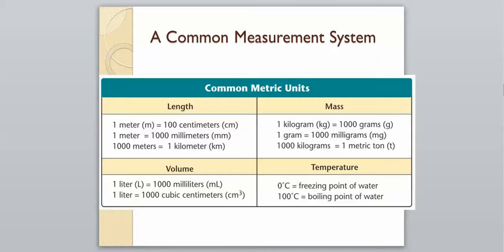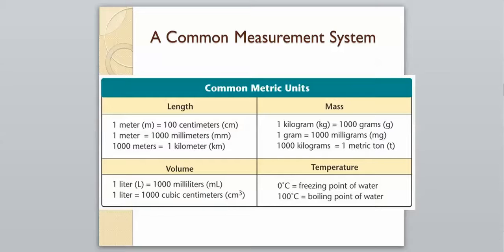When we think of how we use inches and feet, like 12 inches equals 1 foot, 5,280 feet equal 1 mile, all those numbers can get really confusing. It's a lot easier to just remember that all of this falls into a multiple of 10. So the metric system is a lot more popular because we have a lot easier multiples to use. So just remember, if you ever want to be a famous scientist one day, you're going to have to learn this metric system and learn how to use it.